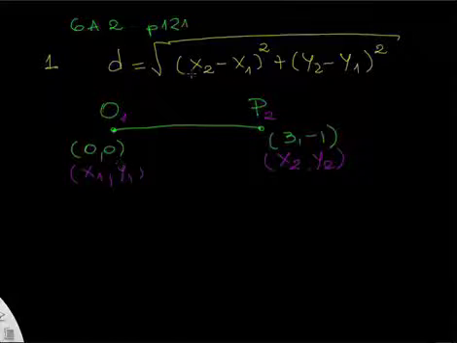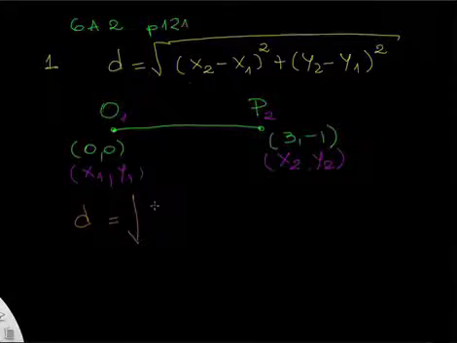Now that I identified the coordinates, I just have to replace them in the formula. So d equals, writing exactly the same formula, but instead of x2, because now I know which point is x2, I replace it. So 3 minus, and x1 is 0.